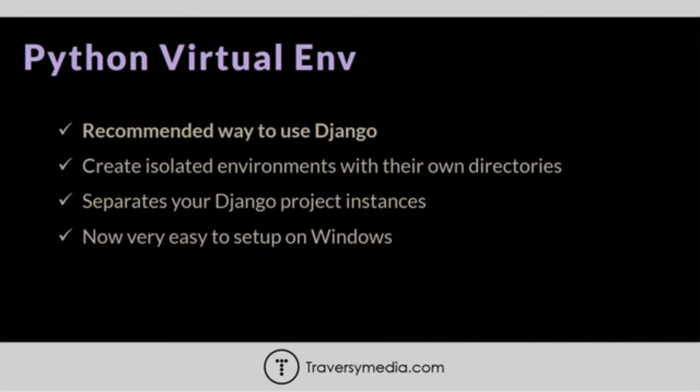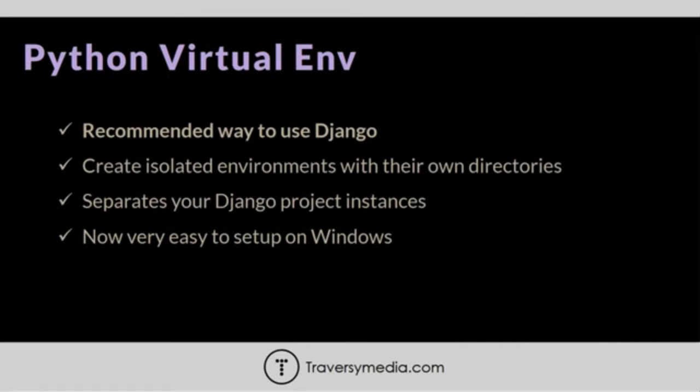This is the recommended way to develop Django apps. It's not absolutely necessary, but it is definitely recommended. Now, this used to be very difficult to do on Windows, but it's much more simple now. In fact, everything to do with Python is much more simple on Windows. So if you are on Windows, don't worry about it. I'll show you exactly how to do it.